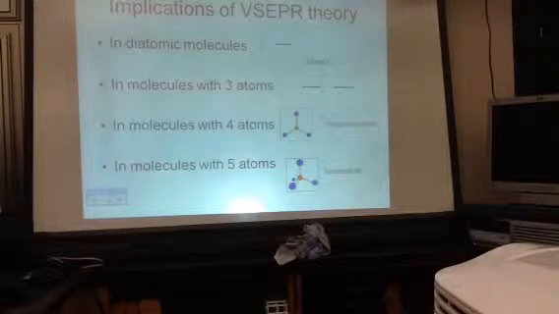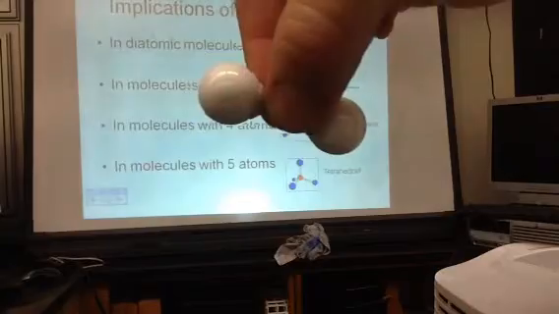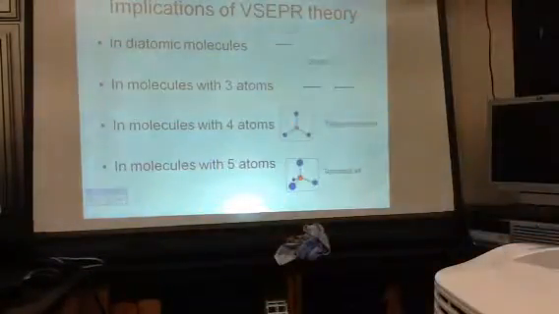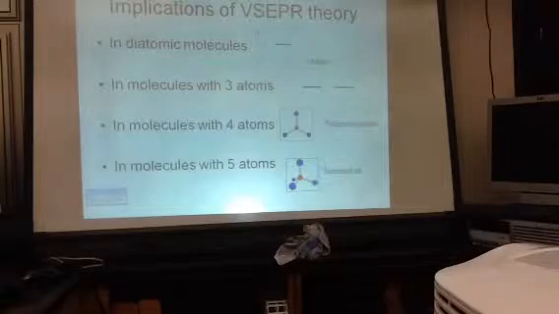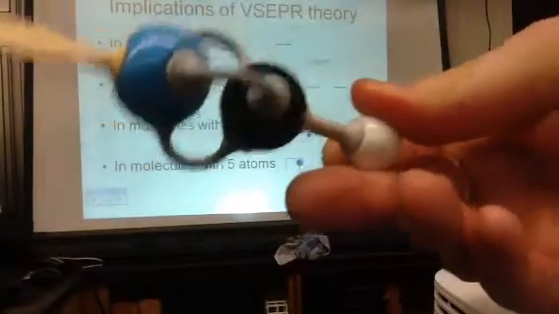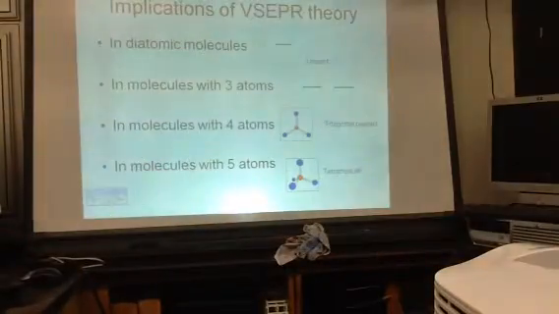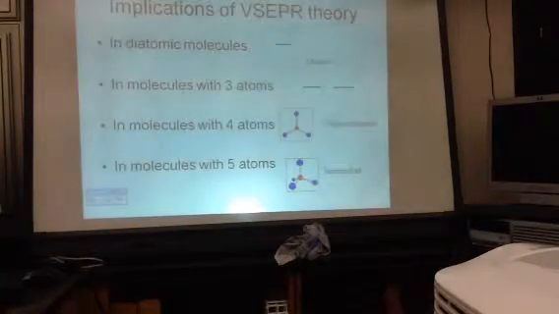So an example would be a hydrogen molecule, H2. They are going to be as far apart from one another as possible, which is in a straight line. Okay? If we have 3 things together, it's going to be linear. It doesn't really much matter what they are. That's as far away from one another as they can get, which is in a straight line.